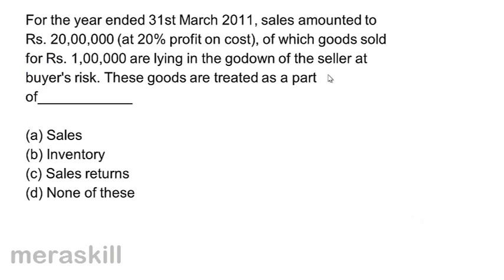For the year ended 31st March 2011, sales amounted to 20 lakh at 20% profit on cost, of which goods sold for rupees 1 lakh are lying in the godown of the seller at the buyer's risk. These goods are treated as part of: A. Sales, B. Inventory, C. Sales return, and D. None of these.